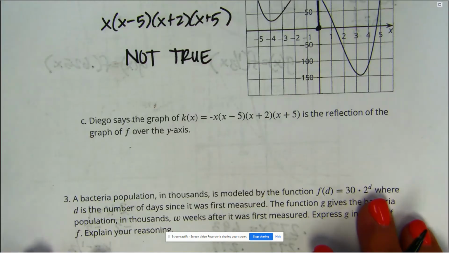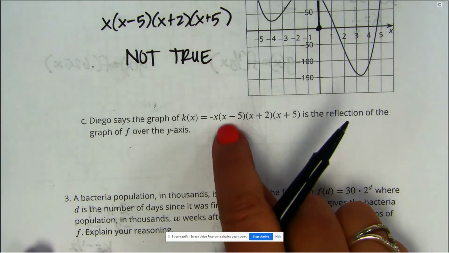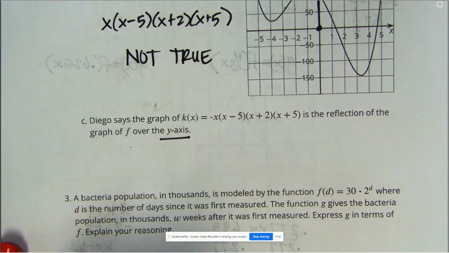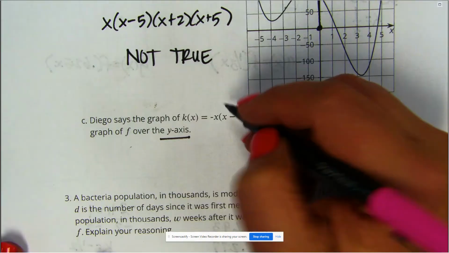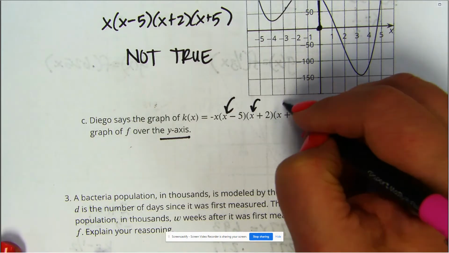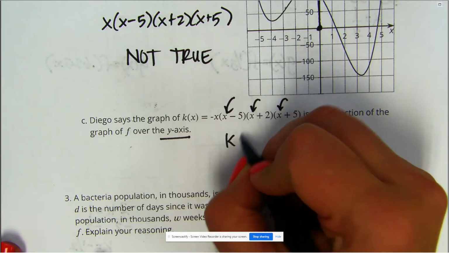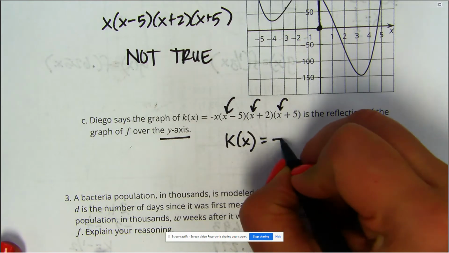Letter C. Diego says that the graph of k of x equals -x times x minus 5, x plus 2, x plus 5 is a reflection over the y-axis. To reflect over the y, you have to change the input. All the x's would have to be negative. All that's happened here is k of x is just negative.